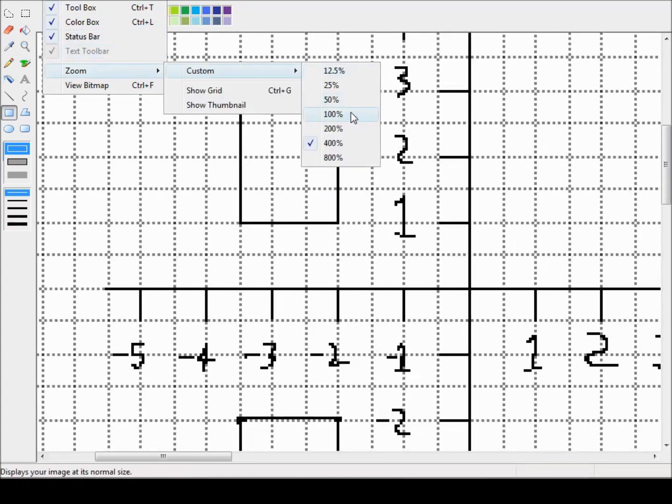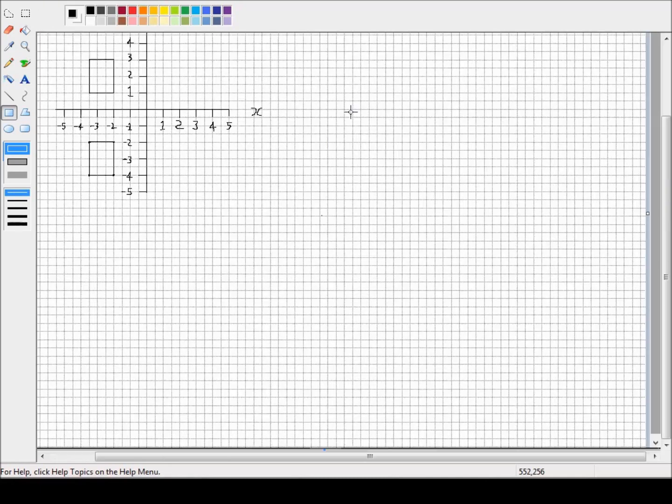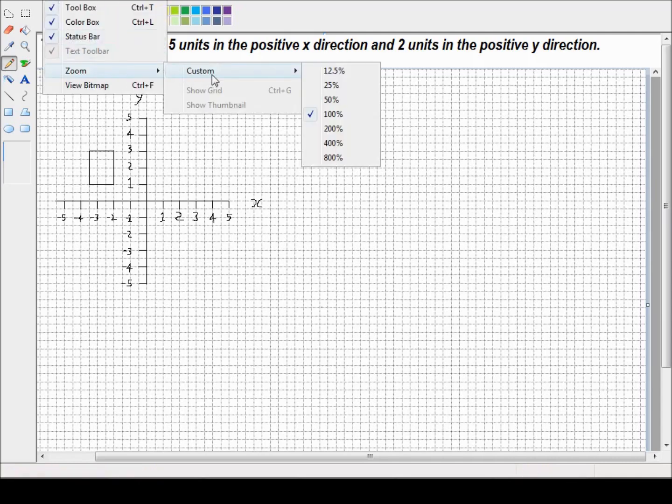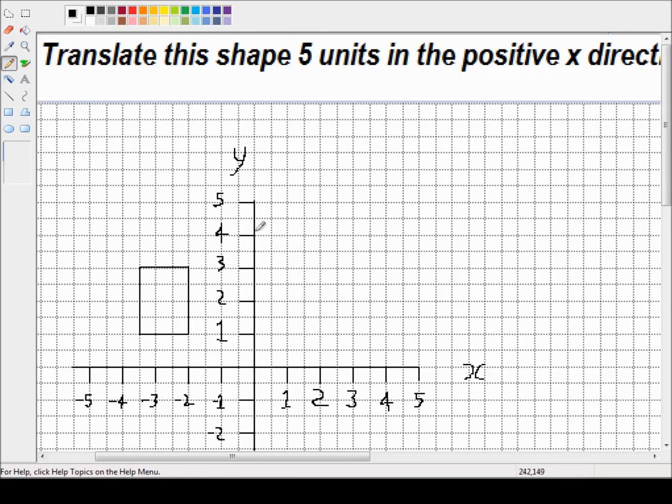Okay, I think we can try one more example. Okay, the last example. Translate this shape 5 units in the positive x direction and 2 units in the positive y direction. Okay, so let's zoom in and see where we stand. Okay, so our coordinates are, the bottom right is negative 2, 1.